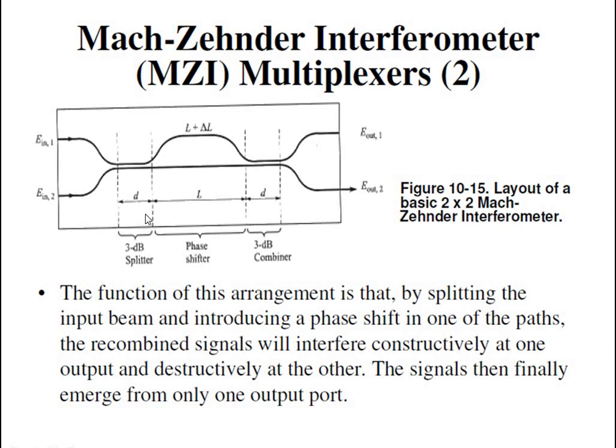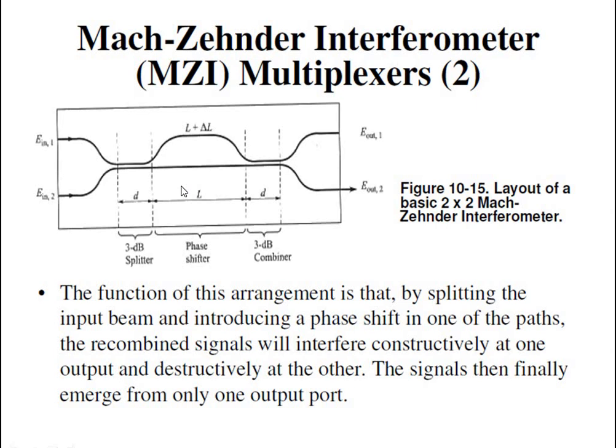The first stage, the initial stage, is a 3 dB directional coupler. Here this acts like a splitter which splits the input signals.